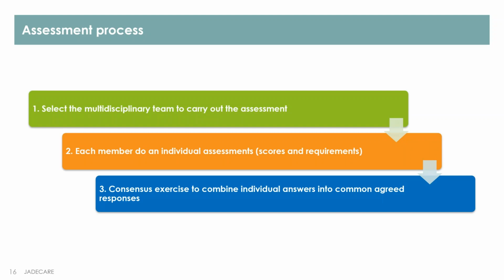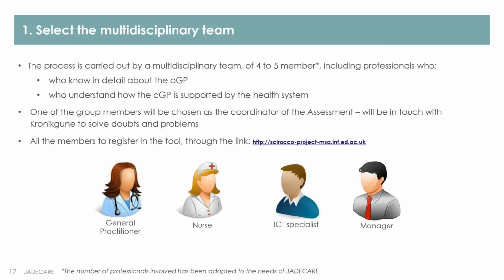It has 3 main steps: to select a multidisciplinary team that will carry out the assessment; each of the team members to perform an individual assessment, scoring all the dimensions and entering maturity requirements for each of them; and the third one, a consensus exercise to combine individual answers into common agreed responses. We will go now into each of those 3 steps.